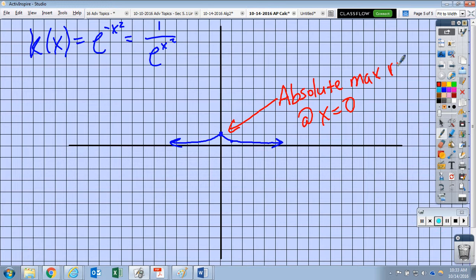Absolute max value of 1 at x equals 0. And because our interval is negative infinity to infinity, there are no endpoints to check. So this definitely is an absolute max, and that's it. Cool. That's not that bad.